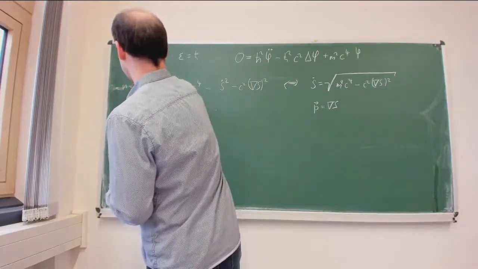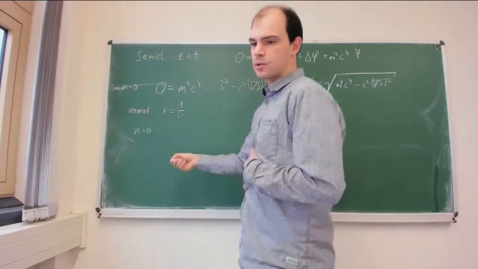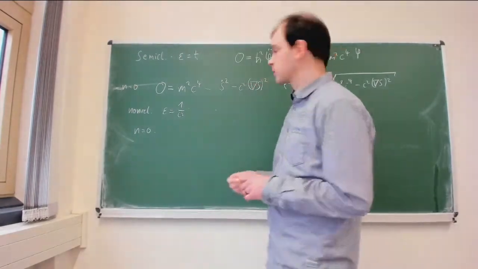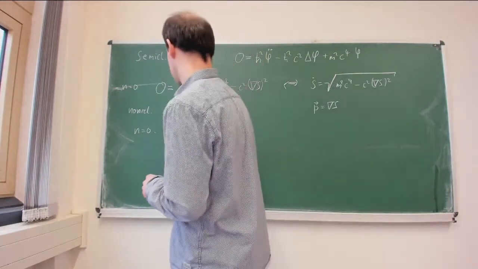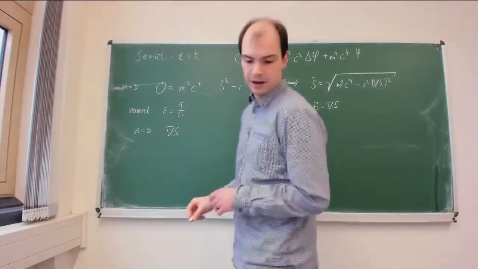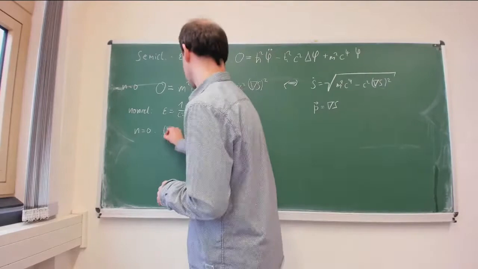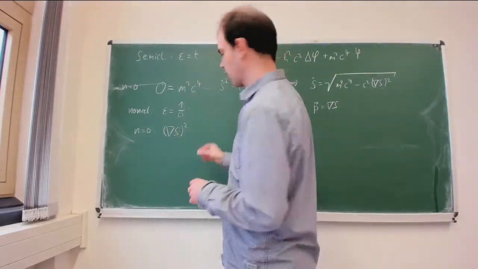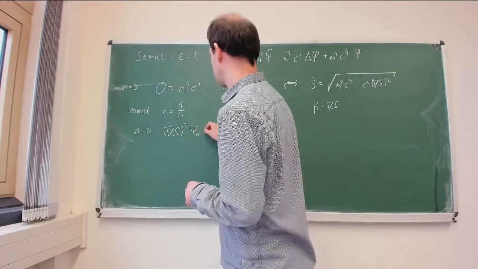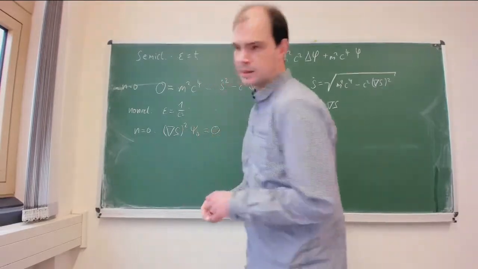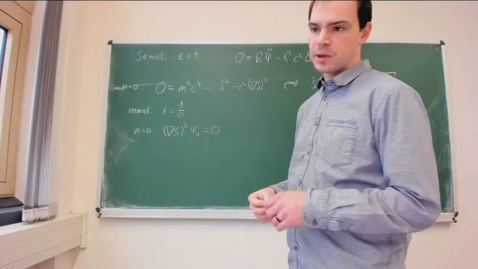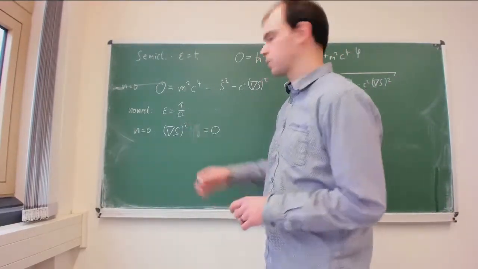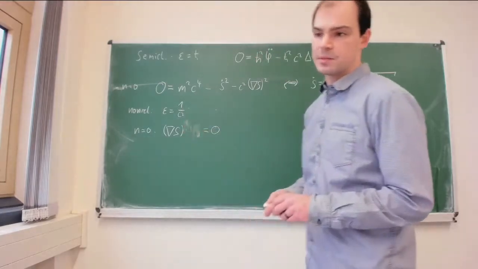so then at the lowest order, n equals 0, we also get an equation for the gradient of s squared. The gradient of s squared acting on psi 0 equals 0 would be the expression that we have, so the gradient itself must be 0.